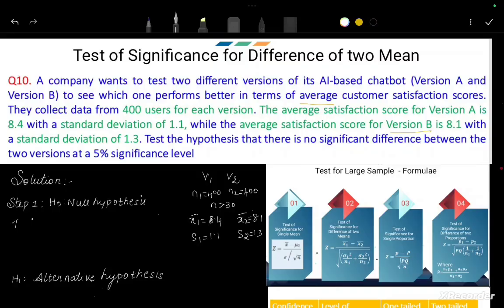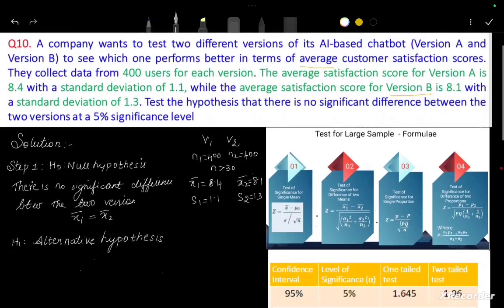So you can directly write there is no significant difference between the two versions, or you can write x1 bar is equal to x2 bar. Okay, that is how you define your H0.